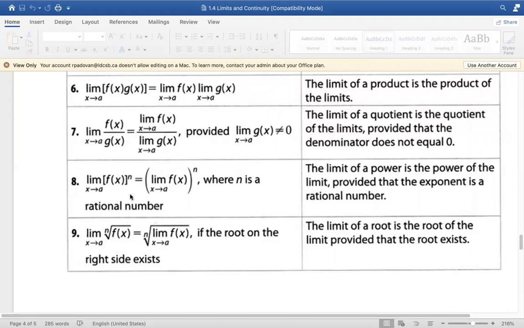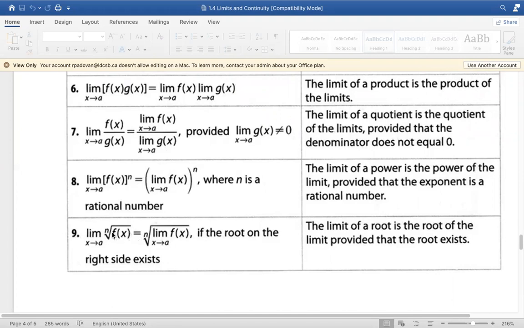If I have an exponent, taking the limit of the function to the exponent would be the same thing as getting the limit of the function first and then taking it to the power of the exponent. And same with square rooting.